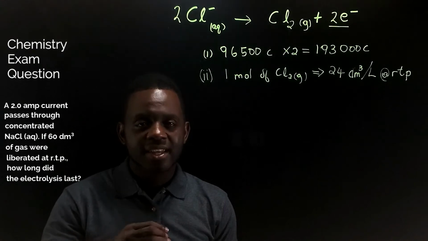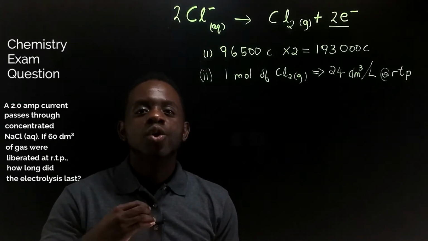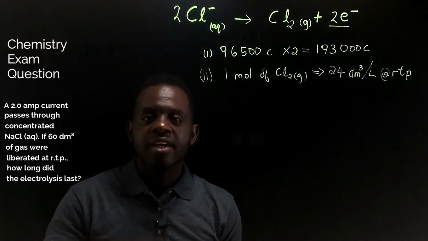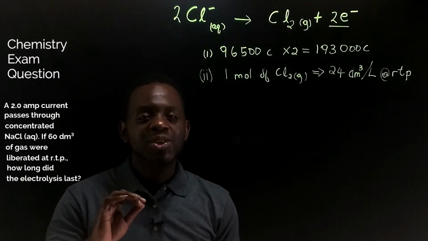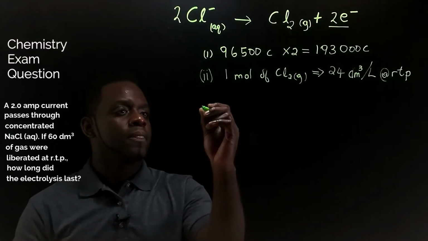In our next step, we will use simple mathematical reasoning in order to determine the amount of electricity that was used in the electrolysis process. We will use simple if and then statements.